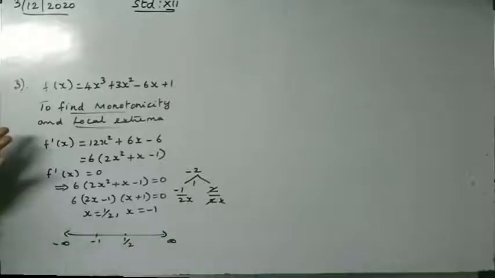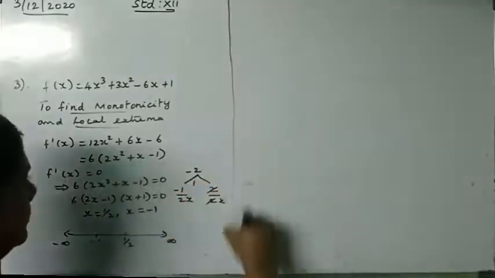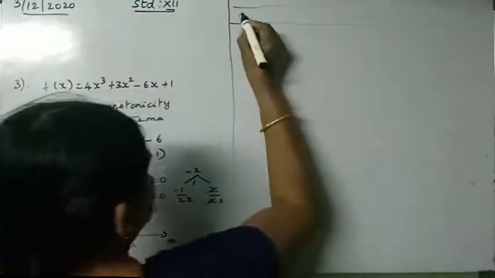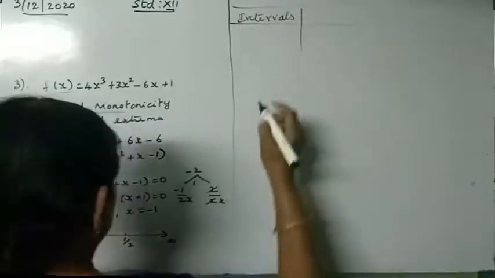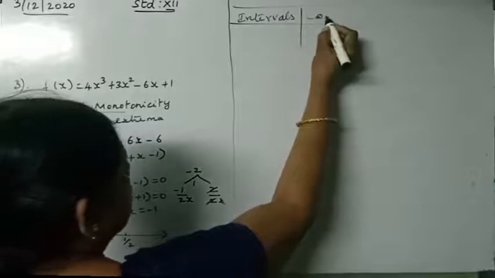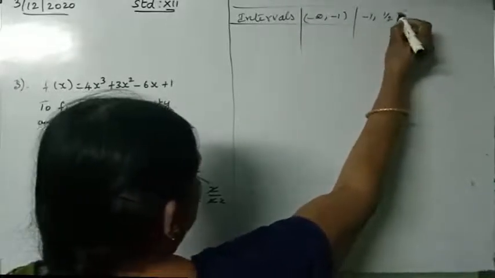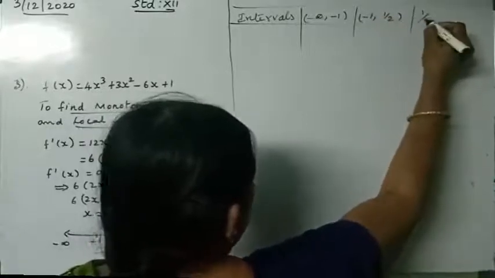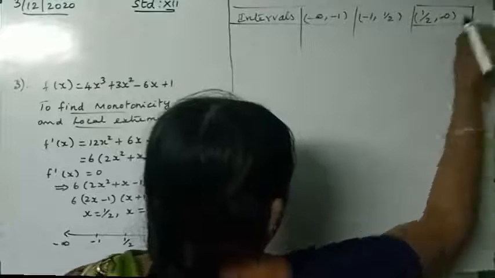Now let us check the monotonicity, whether it is increasing or decreasing. So there are 3 intervals.